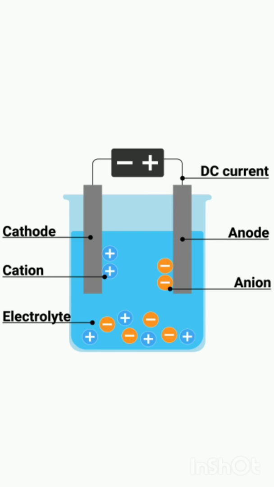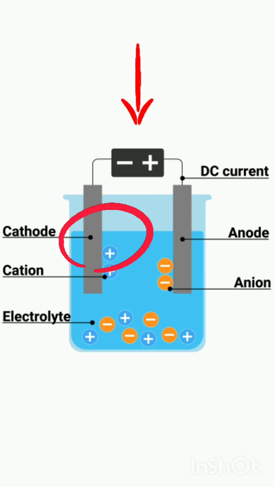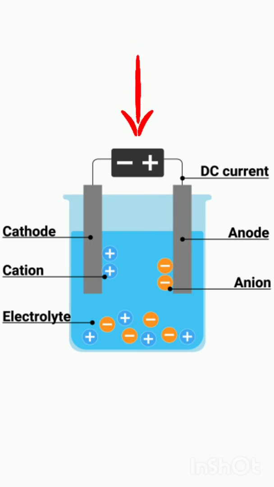When the electric current is switched on, the positive ions move towards the cathode, because the cathode is connected to the negative terminal, and we know that unlike charges attract each other. So the positive charges all move towards the cathode and all the negative charges move towards the anode.